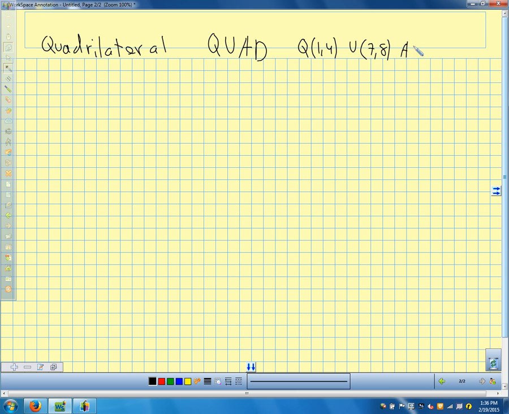Point A is 9,5. And D is 3,1. We want to classify. When we classify a quadrilateral, what they're asking us is: is it a parallelogram? Is it a rhombus? Is it a rectangle? Is it a square? So let's plot this.